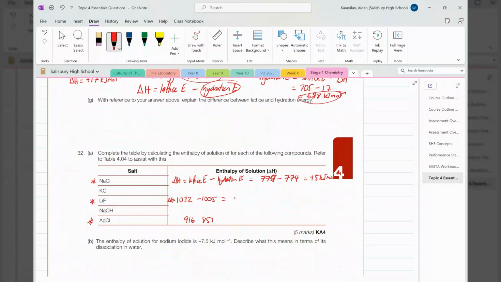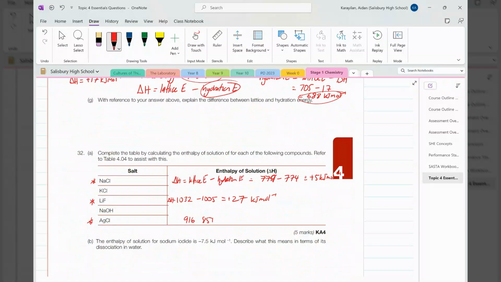My math is leaving me. 24, 25, 26, 27. 27, that's better. 27 kilojoules per mole. Okay, so that's the answer there.